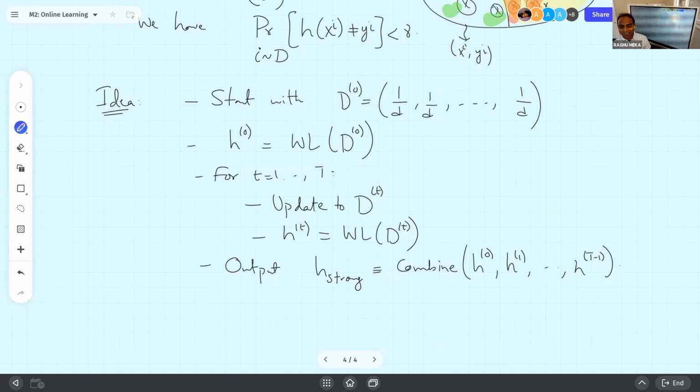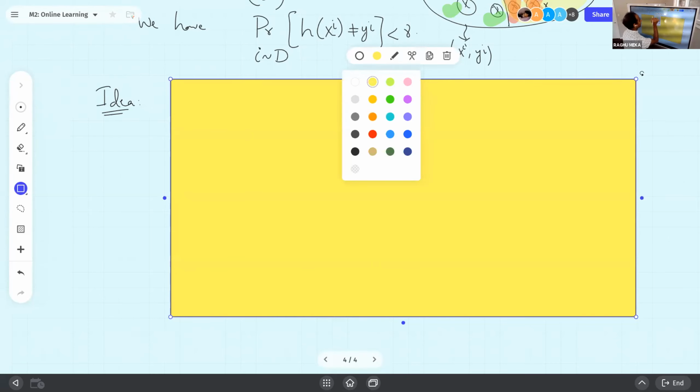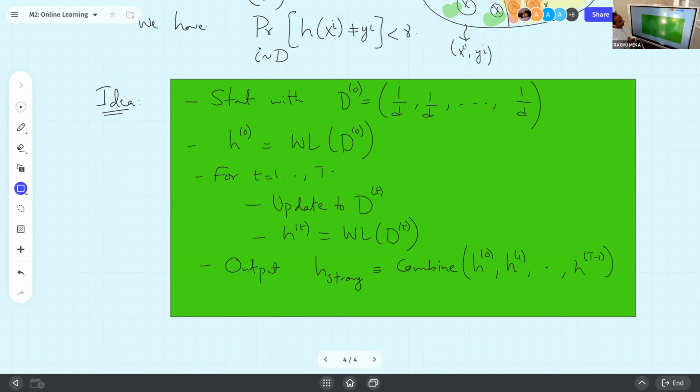Does this remind you of anything? Right, so this is basically the boosting template, and the question is, how do you update? So we have to answer two things.